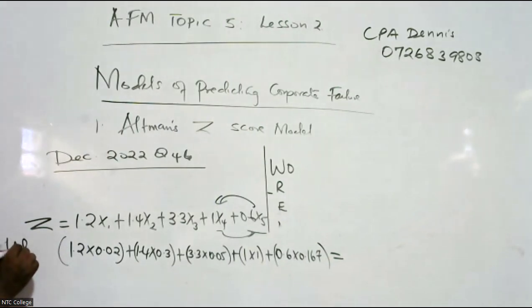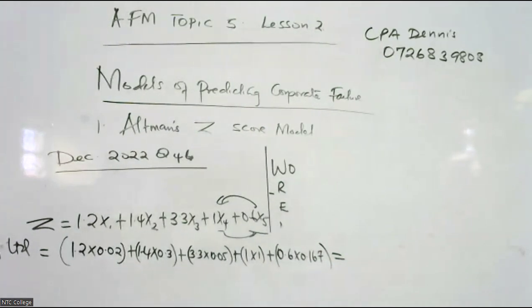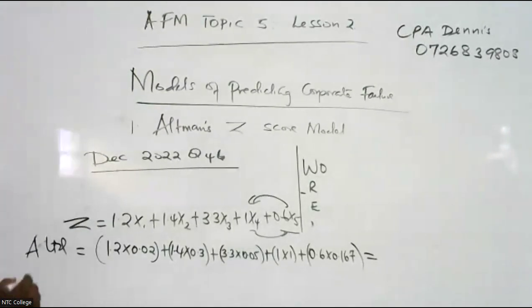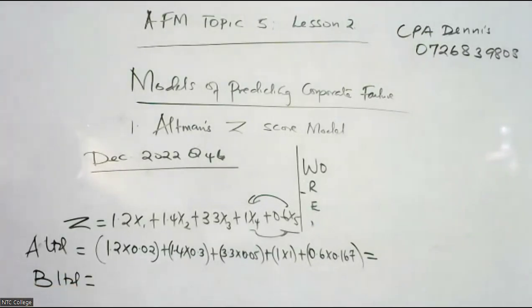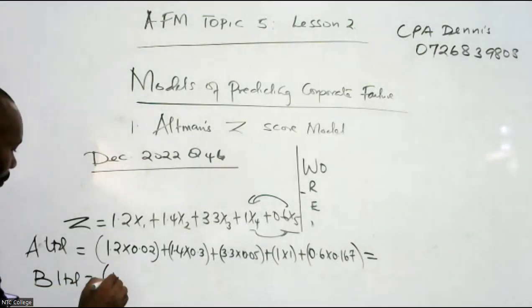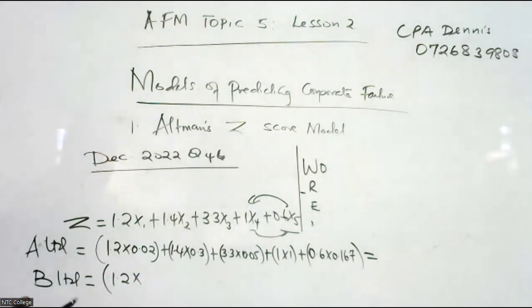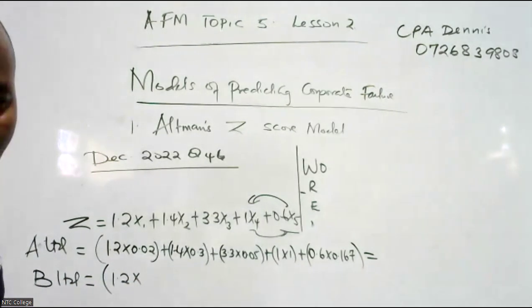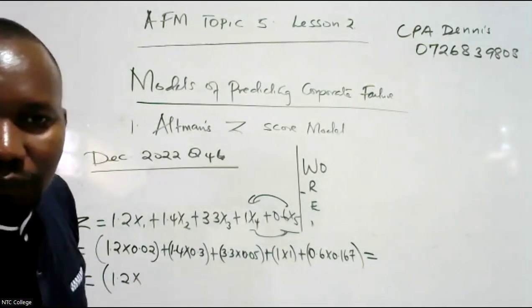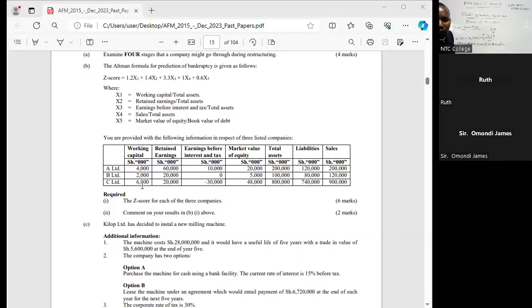A limited. Then we now come to B limited. So with B limited, what do we have? 1.2 times 20 divided by 100.